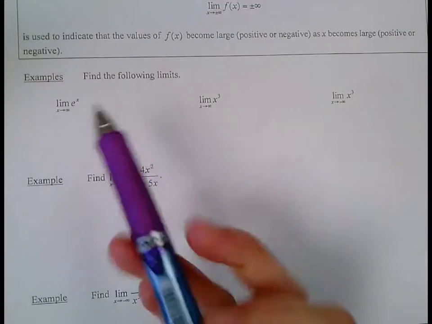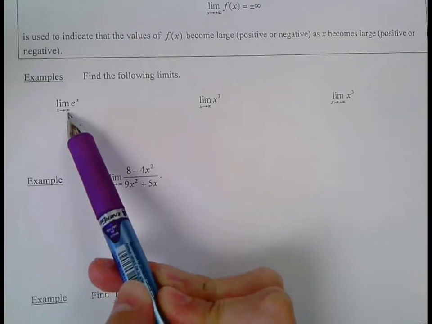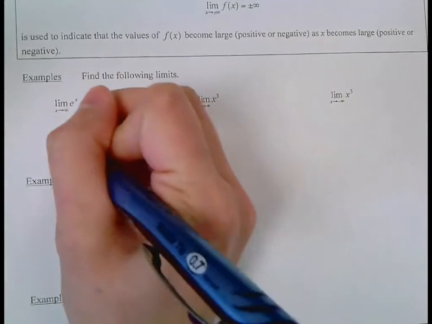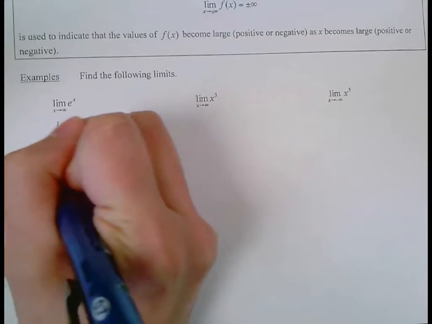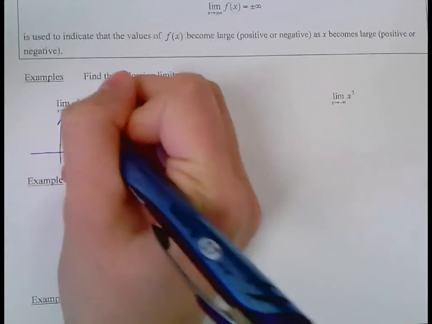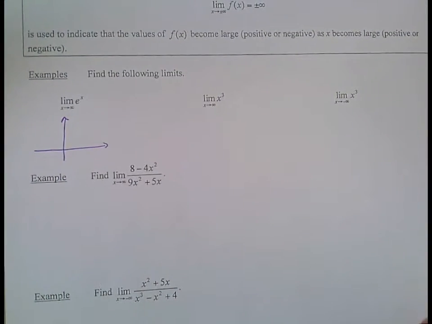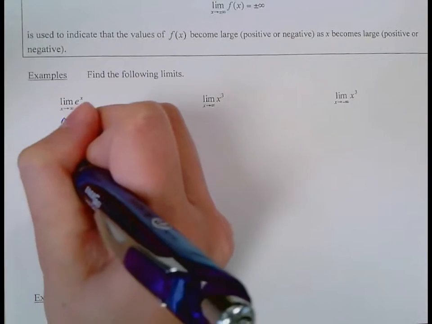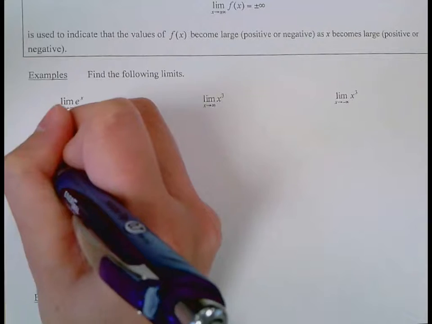If you take the limit as x approaches positive infinity of e to the x, we looked at the limit of e to the x yesterday when x is approaching negative infinity. I'm just sketching the graph of e to the x.